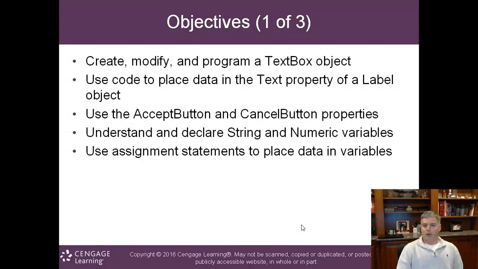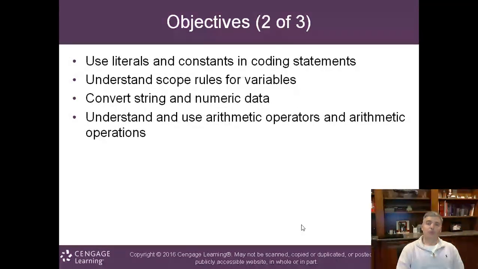We're going to introduce a nice little user experience functionality of VB called the accept button and the cancel button property of the form. It's just something that will make your end user's life a little bit easier. We'll talk about declaring string and numeric variables and using assign statements to place data in variables.